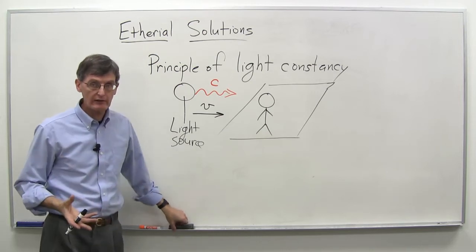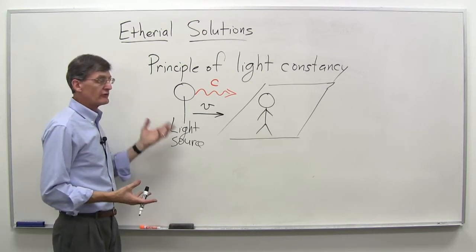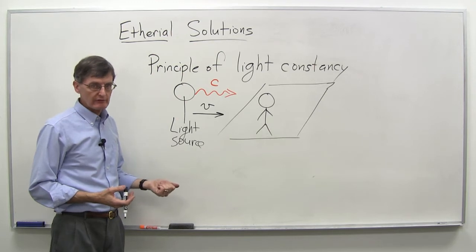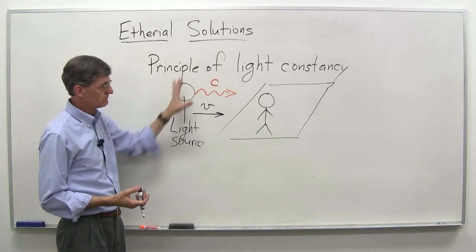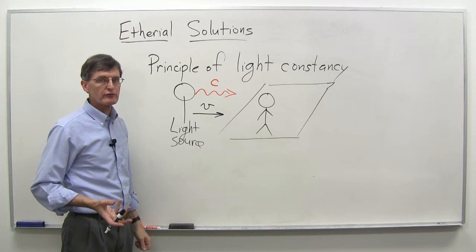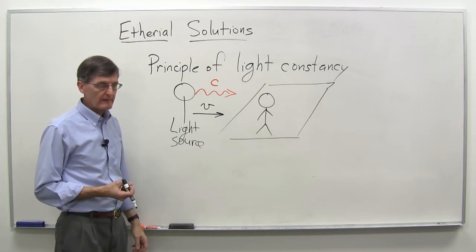But now what Einstein essentially said is, let's apply the principle of relativity to this case. Because we're assuming this is true, perfectly fine here, but we're also assuming the principle of relativity is true.